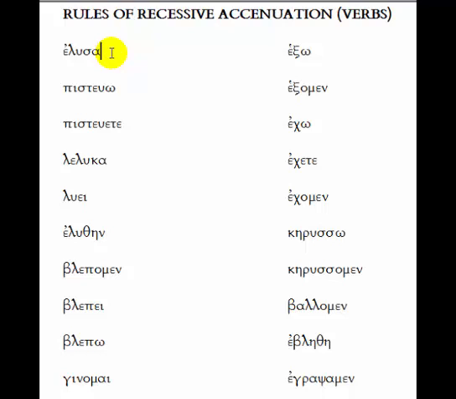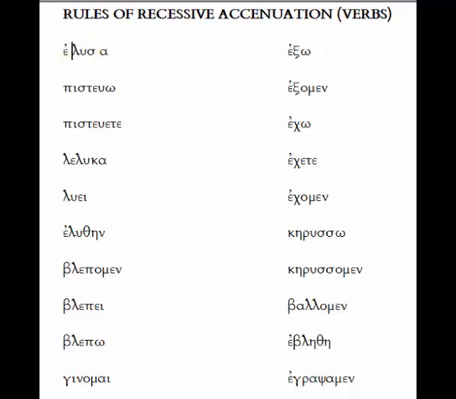So the rules basically are this. You go back as far as you can up to 3 syllables. Remember in Greek you have 3 syllables. The ultima syllable, which is the last syllable here, in this case would be the alpha. The penultimate syllable, which is the us here, or I guess you would probably lump the lambda in with it.